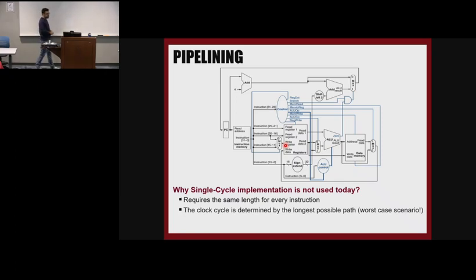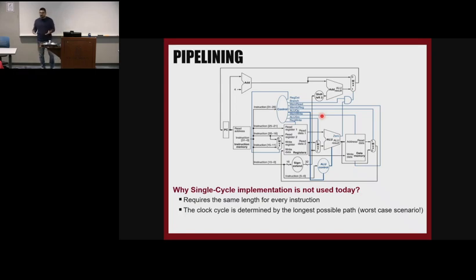The clock is always determined by the longest path. You should remember that in the processor, we don't know beforehand what instruction they want to execute, so we always design for the worst case situation. A lot of these blocks actually do some computation that we never use, and the multiplexers choose what data we want to use.